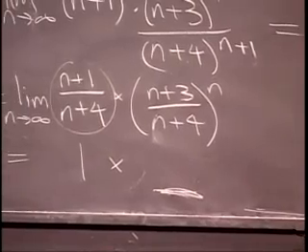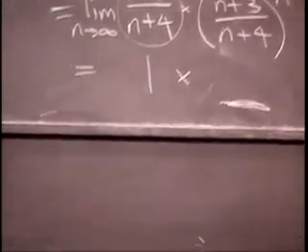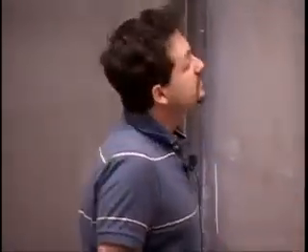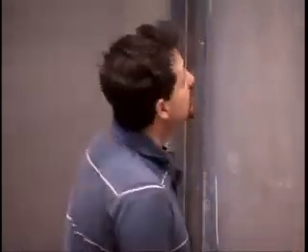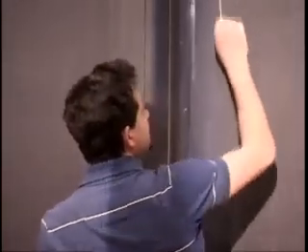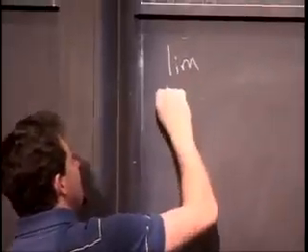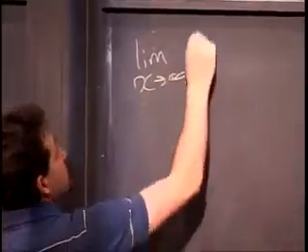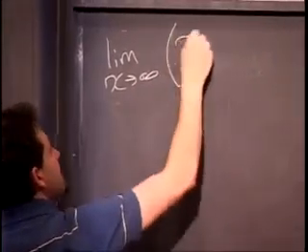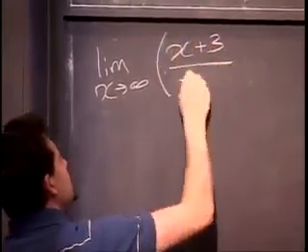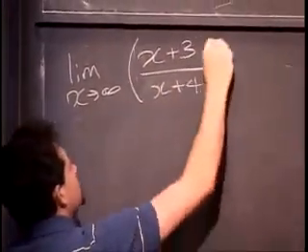There are some clever things to do, but the naive thing, and something that's going to work for sure, is to treat it as a L'Hopital type problem. So I will change the variable from n, a discrete variable, to x, a continuous variable, and consider this limit. We want to work out the limit as x goes to infinity of the quantity (x plus 3) over (x plus 4), to the x.